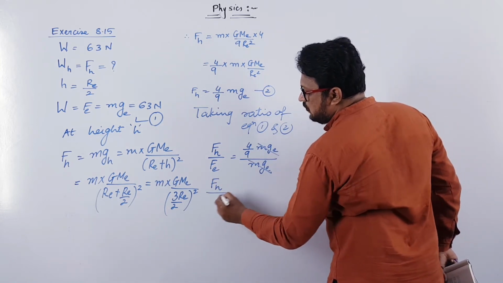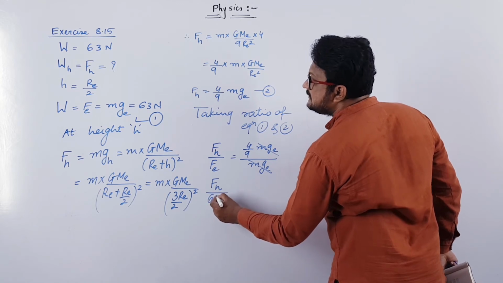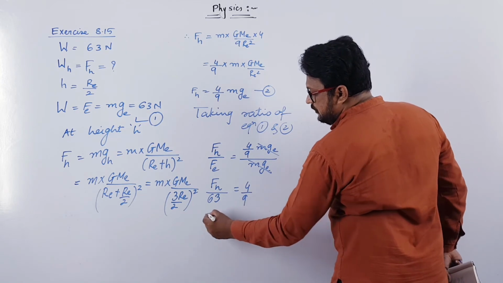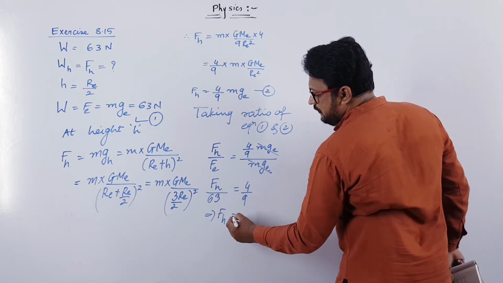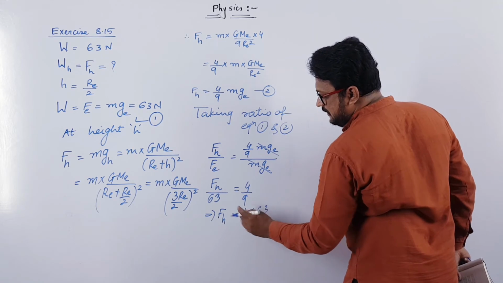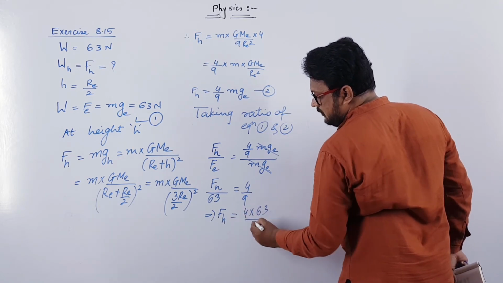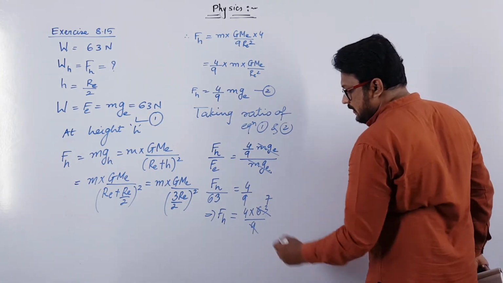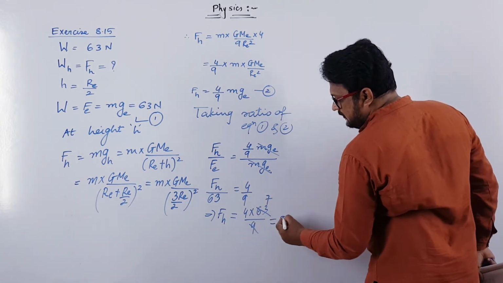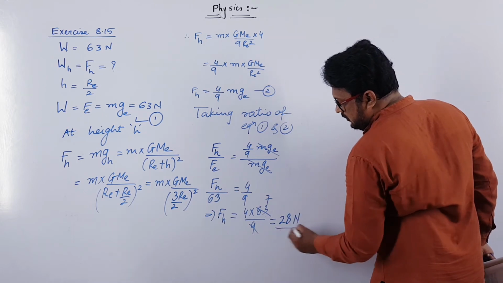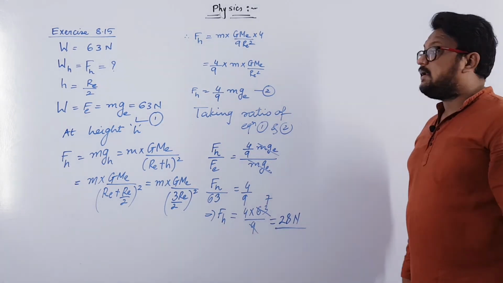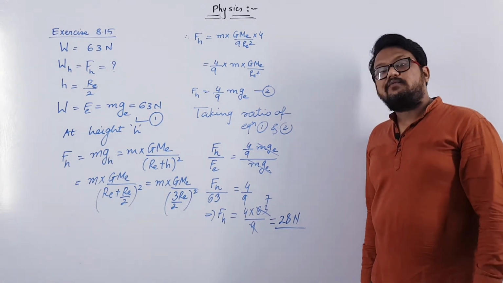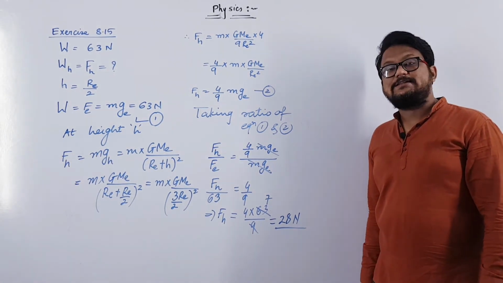F of h over 63 will be equal to 4 by 9. So this implies that F of h will be equal to 4 into 63 by 9. 9 7s are 63, 7 4s are 28. So the answer will be 28 Newton. So the gravitational force acting on a body at a height equal to half of the radius of Earth will be 28 Newton if its weight on the surface of Earth is 63 Newton.